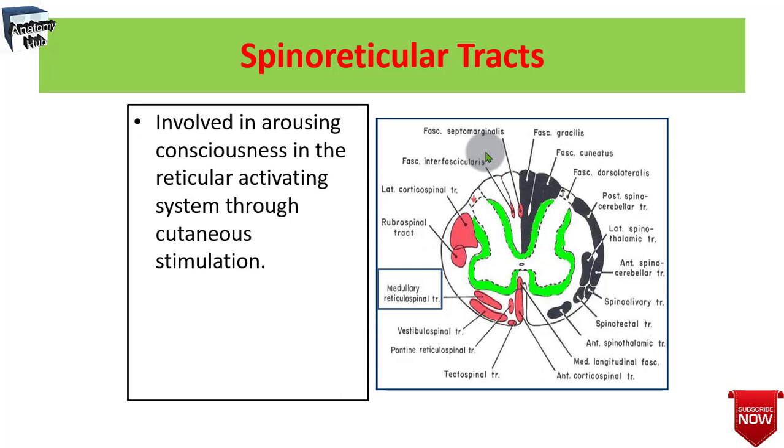The cell bodies of second order neurons lie in the intermediate gray matter. These fibers ascend mostly uncrossed and terminate chiefly upon cells of the reticular formation in the medulla oblongata, in the pons, and in the midbrain.